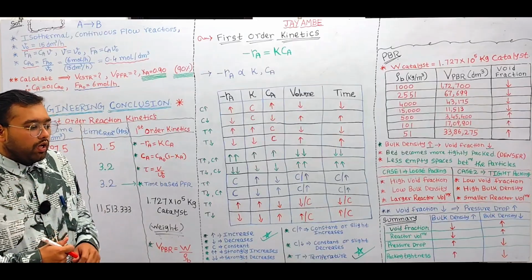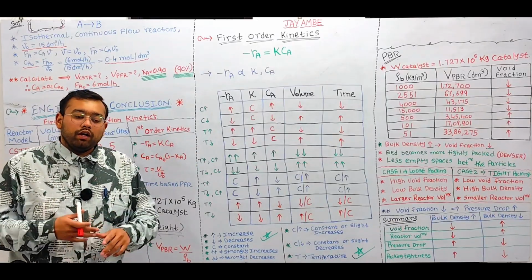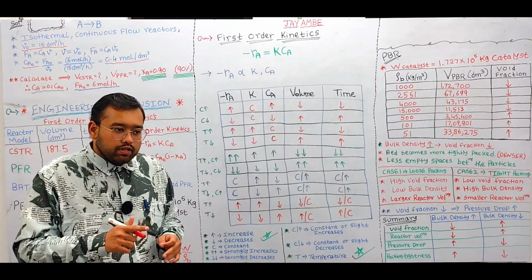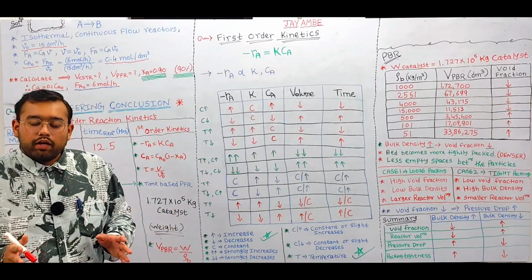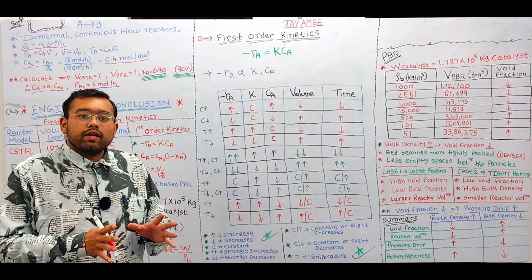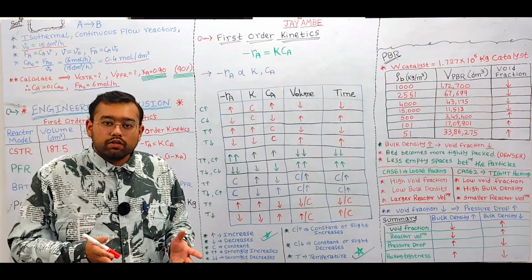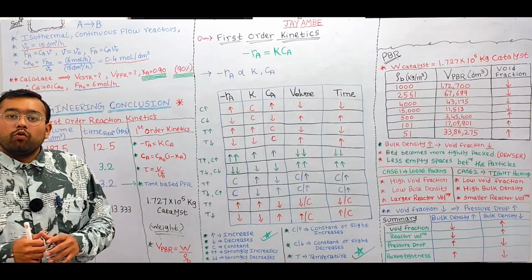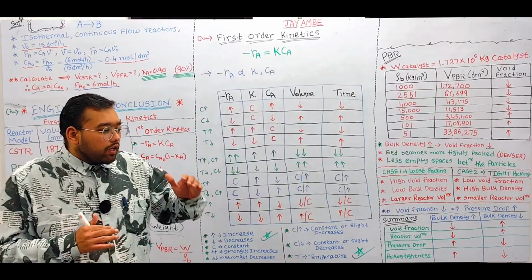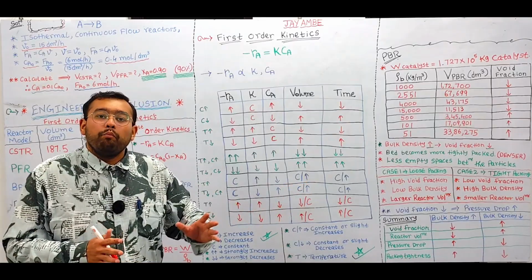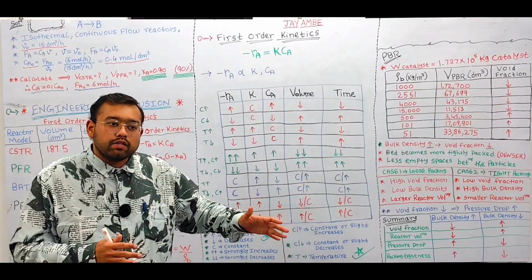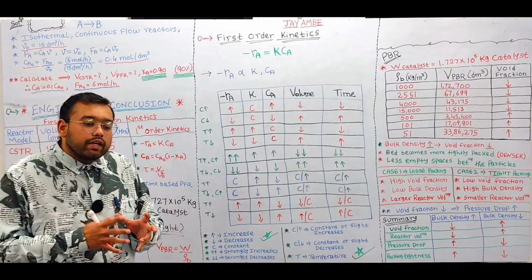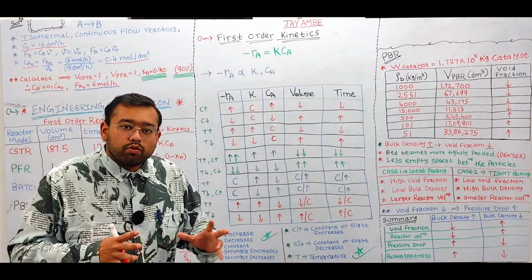I hope you understood. And at the outlet stream of the plug flow reactor, we have minimal concentration of unreacted reactant present, or it might be possible that all the reactants have already been converted into the new products, so there is no reactant left at the outlet stream of the plug flow reactor, which means the reaction rate at the outlet stream may slowly, gradually decrease, or the reaction is already completed.